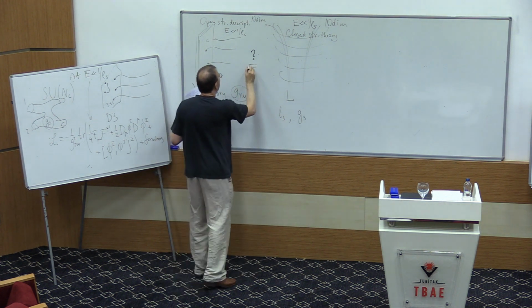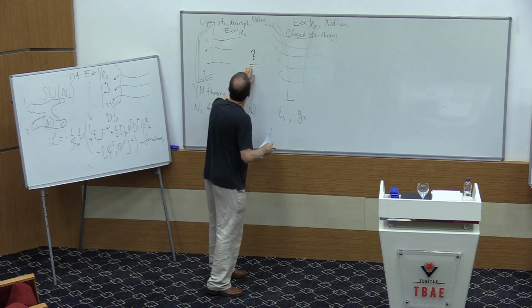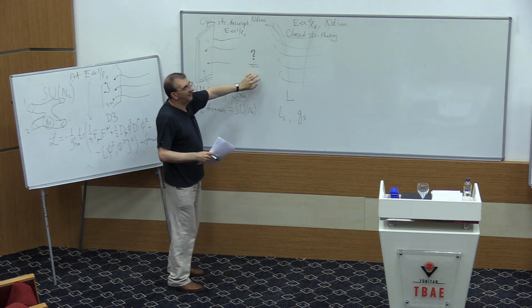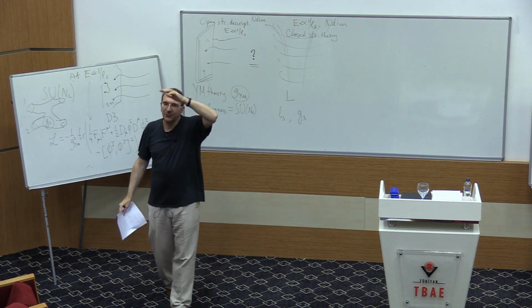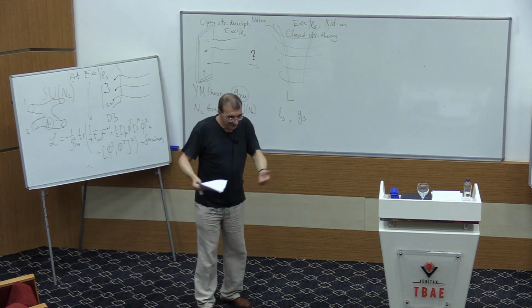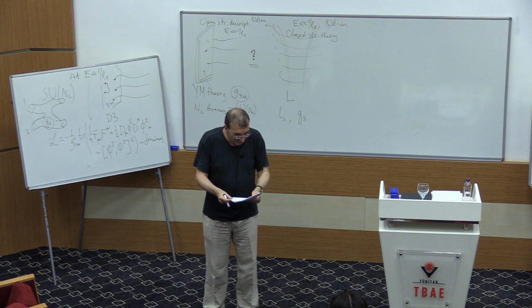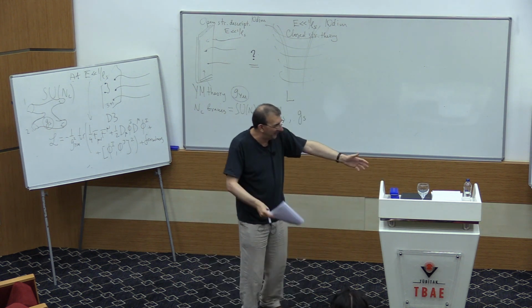So are they equal or not? How do you tell? This was suspected around 1996, that these are two descriptions of the same object. How do you tell if they're equal? Well, how do you tell that there are two macroscopic objects and they are the same?